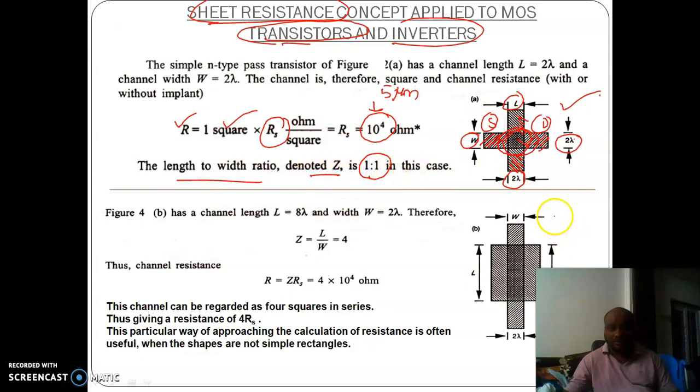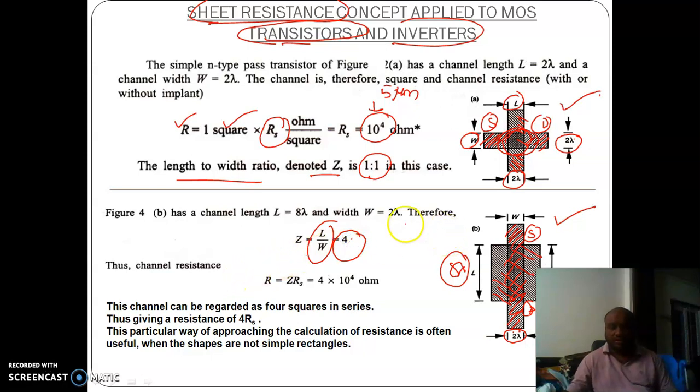We consider one more case here. This is also a transistor where the length of the channel is marked here. This should be the source and this should be the drain, this is our diffusion, and this is our polysilicon, where length is marked as 8 lambda and width is 2 lambda. So here Z, that is the length to width ratio, is 4.